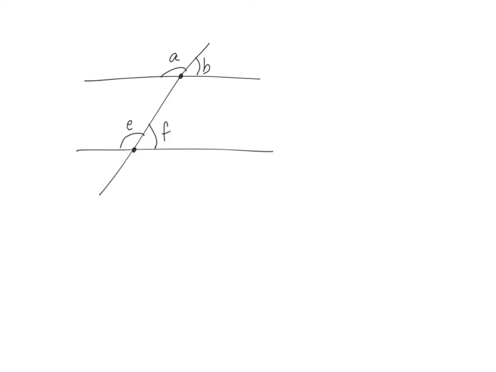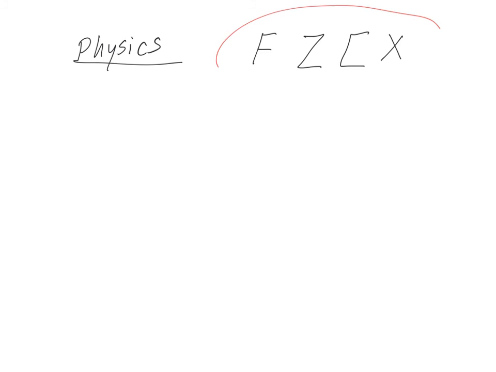So this brings us to four important properties, and one easy way to remember it is by using this word, physics, but spelling it as F, Z, C, and X. Whenever you think parallel lines and angles and values, think physics.